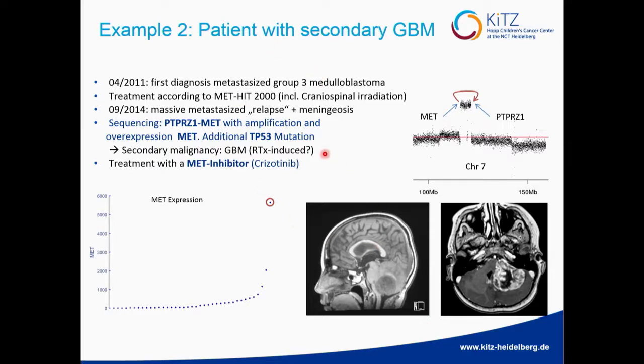This is an interesting case because it also refers to one of the patients that Jackie Beagle mentioned yesterday, where this was one of these secondary glioblastomas after medulloblastoma, and it turned out that this patient had a MET fusion in the tumor, which we then, back then, because we didn't have another drug available but crizotinib, treated with crizotinib.